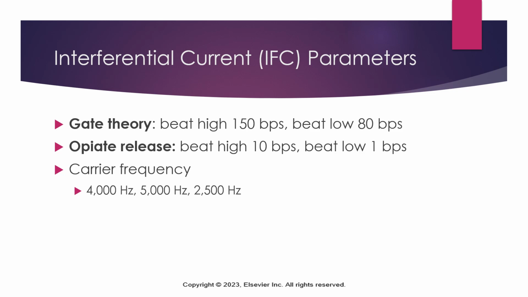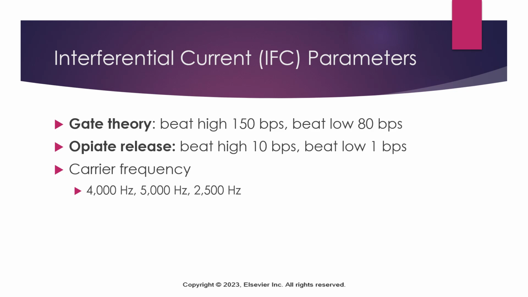Just remember that's also non-noxious. We kind of talked about how those different signals compete with the A delta and C fibers and close the gate effectively. So we're trying to stimulate those beta fibers using a higher frequency. Again, 150 and 80. Okay? So whenever we use the opiate release theory of pain control, the frequency is much lower.